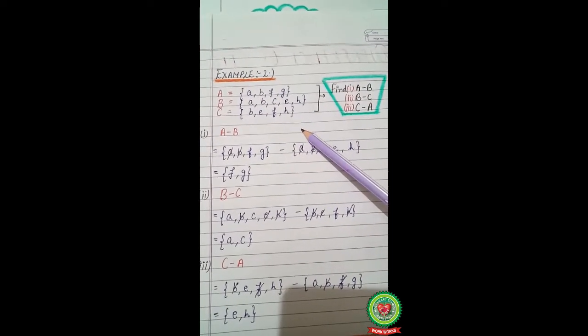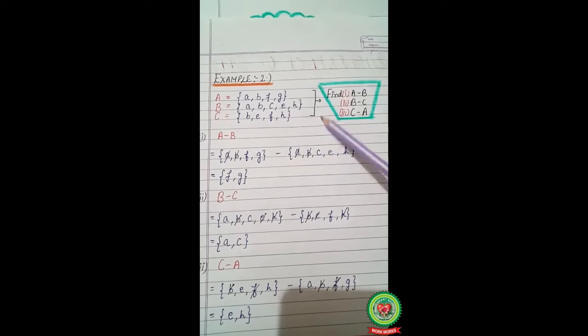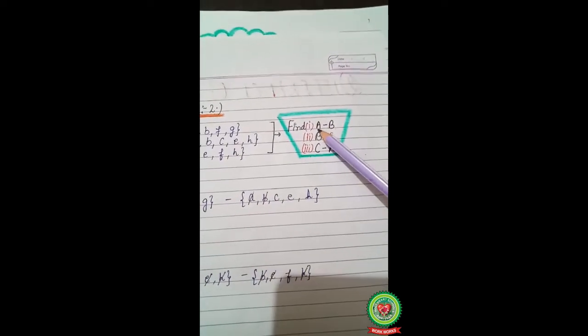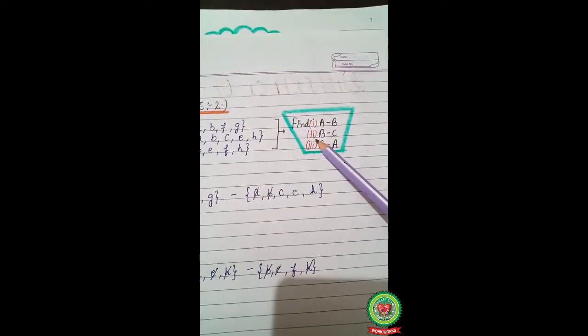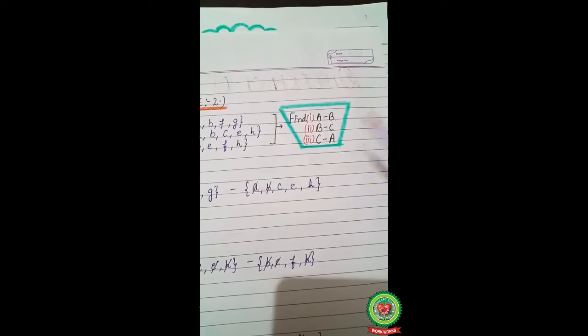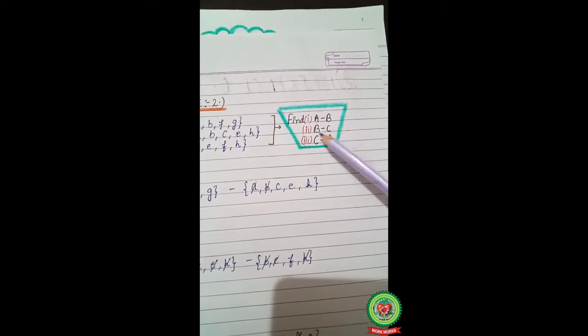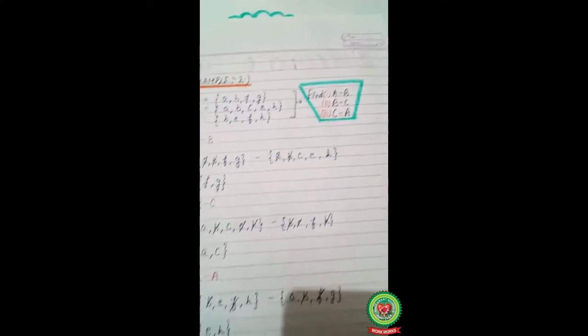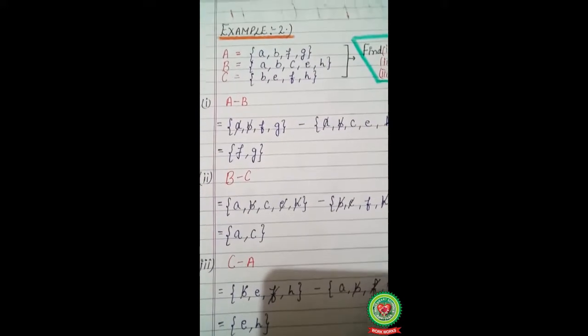What to do with these 3 sets? We need to find the difference between A and B, between B and C, and between C and A. Or you can say that we need to find A minus B, B minus C, and C minus A. Clear? Next we will start our question.